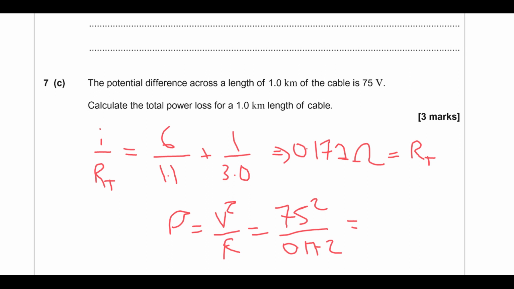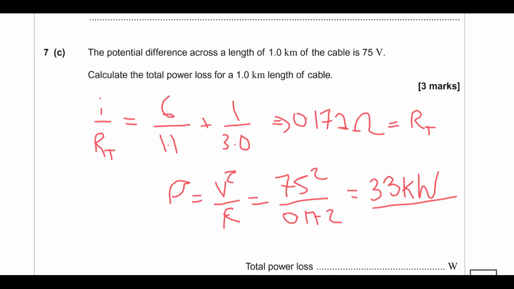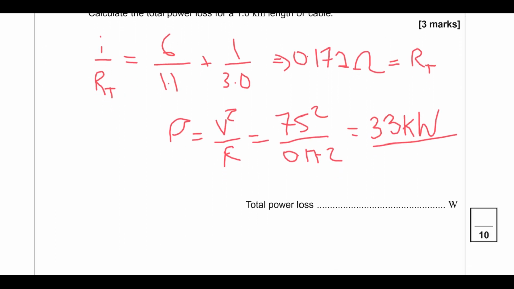This is a really rubbish power cable. 33 kilowatts. Two significant figures there in your wire, which is pretty colossal, I think you can agree, and a pretty rubbish power cable. You're going to want a lower potential difference than that, realistically.